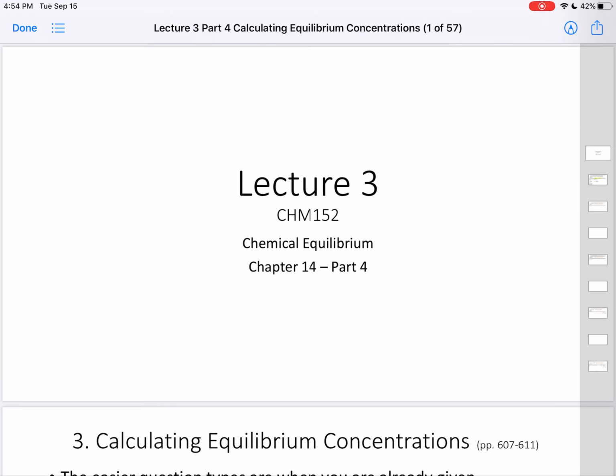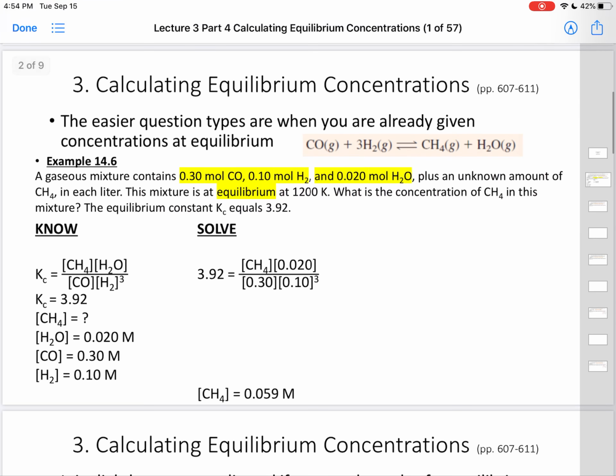So this is going to be lecture 3, part 4 on chemical equilibrium and how to calculate equilibrium concentrations. The easier type of question is when you're already given concentrations at equilibrium.